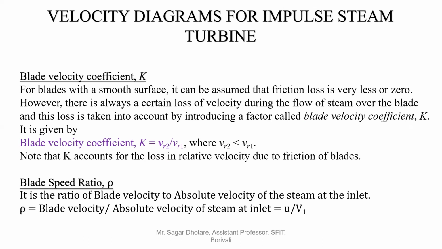That is, relative velocity at exit divided by relative velocity at inlet, so that we can find the percent ratio of the velocity drop. Now the blade speed ratio is the ratio of blade velocity to absolute velocity, that is u divided by V1.